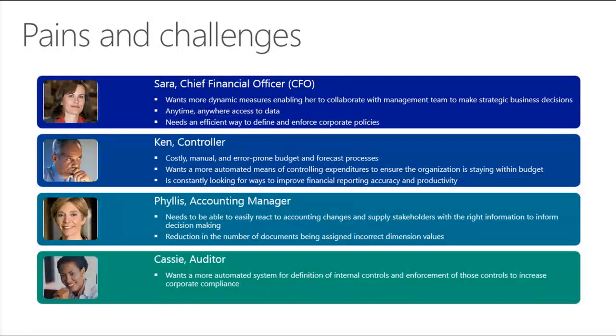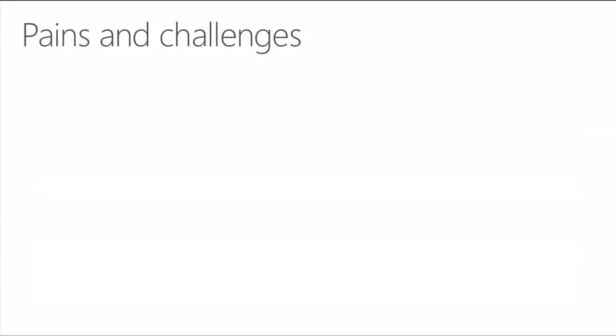And Phyllis, the accounting manager, she often deals with errors, correcting errors. How can we be more efficient in preventing those errors from occurring from a data entry perspective? We'll take a look at some of that. Cassie, who's our auditor, of course, more than just this pain point here, but definitely interested in definition of internal controls and enforcement of corporate policies.